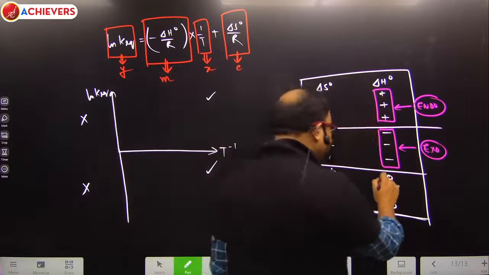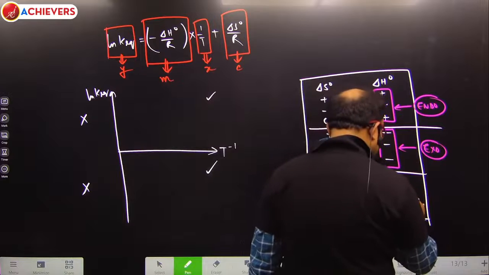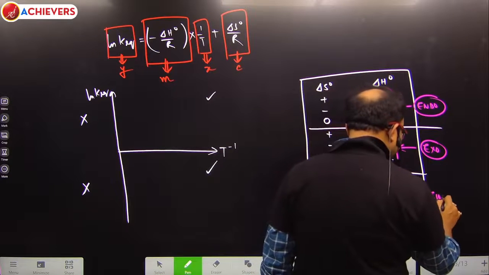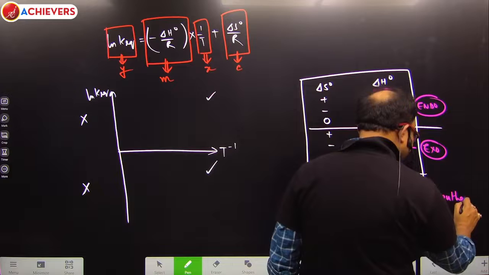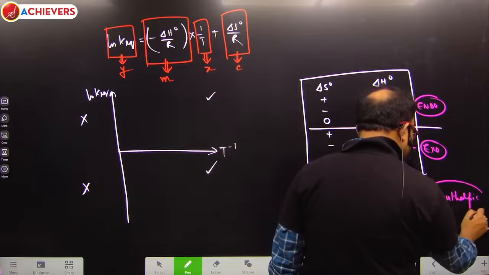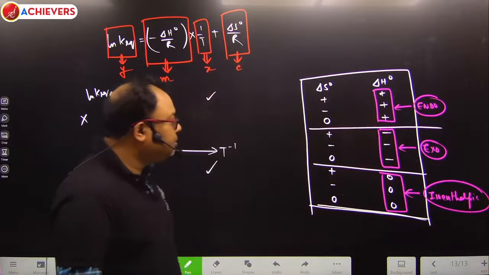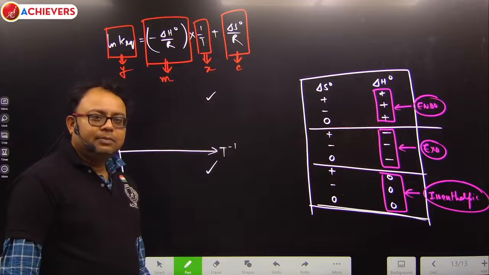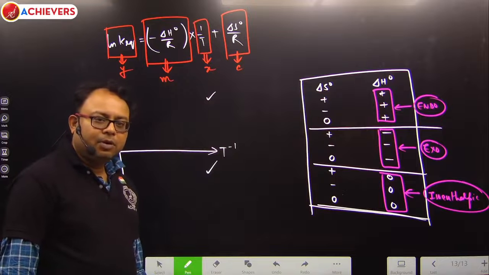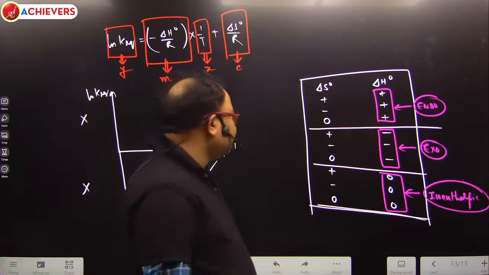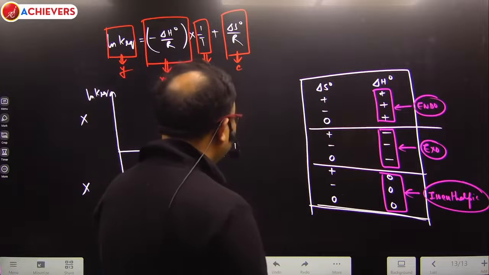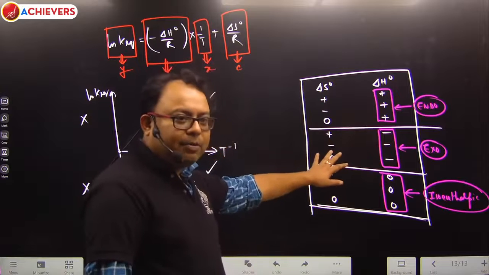And for isoenthalpic reactions, where delta H naught is 0, again you have 3 options. Theoretically, there are 9 options.